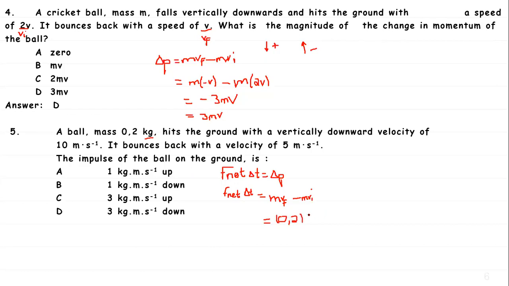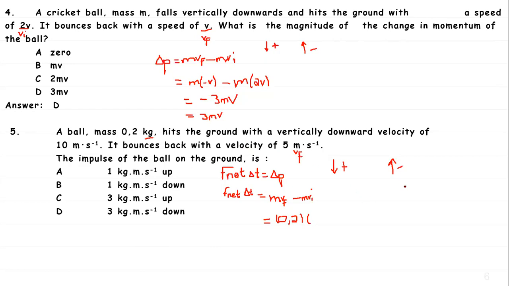Why? Because it is a scalar quantity. Then let us choose downwards as positive. In other words, if downwards is positive, then upwards is going to be negative. The final velocity, that is when it bounces back with a velocity of 5 meters per second, represents my Vf.